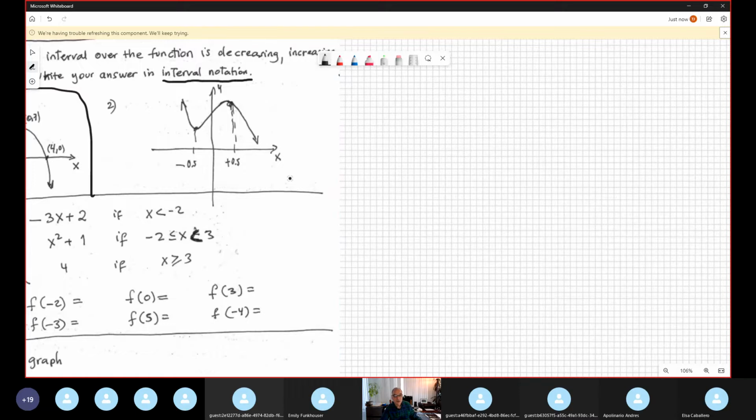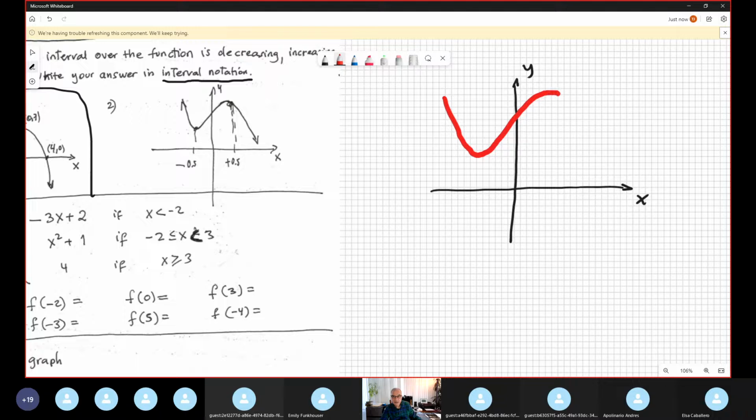The second, let me try to do one more clear sketch. Look like that. X, Y. Okay, it's something like that. Approximate. But the only information given is this point, que es negative 0.5, and this point is positive 0.5.